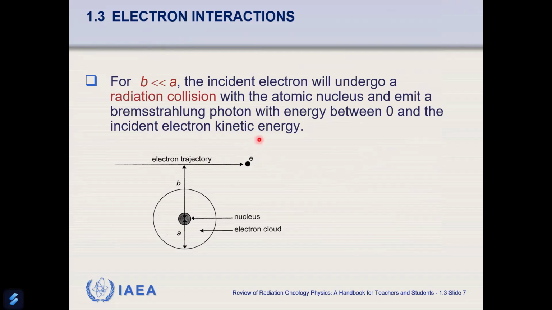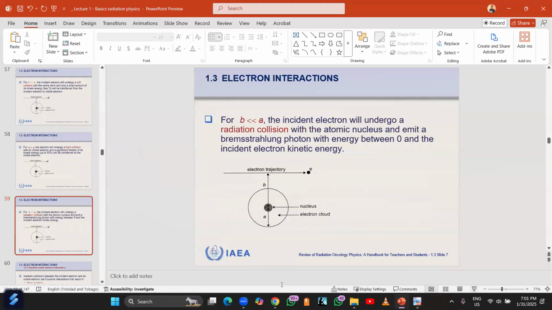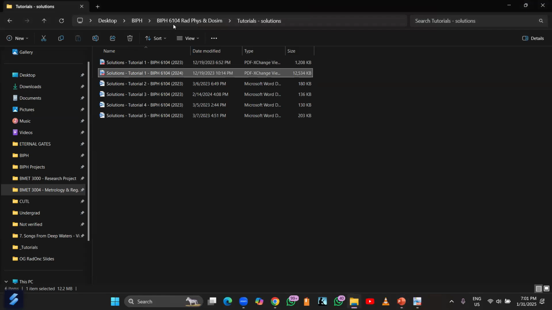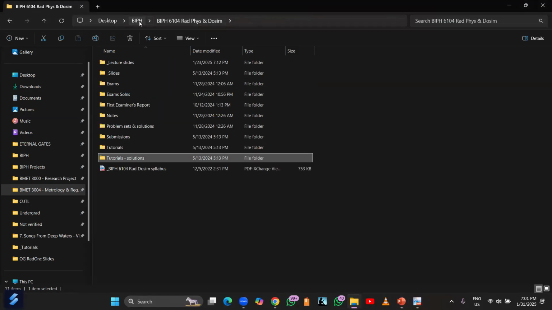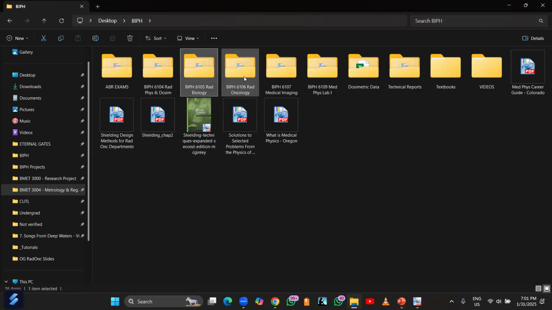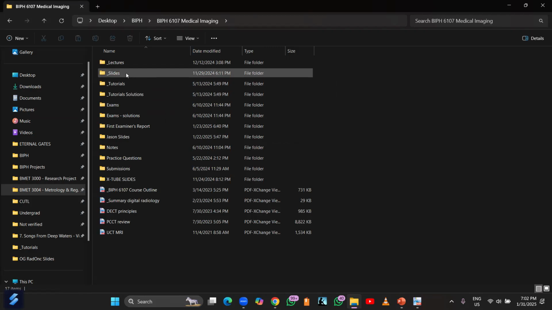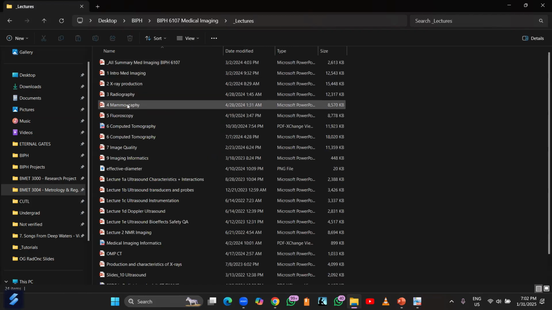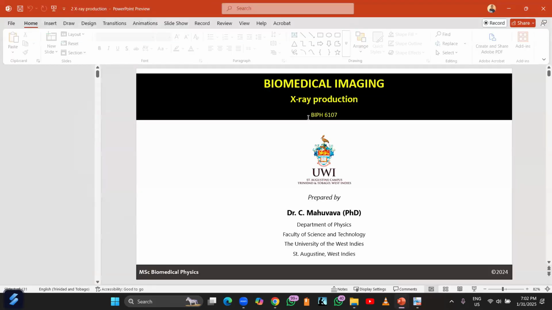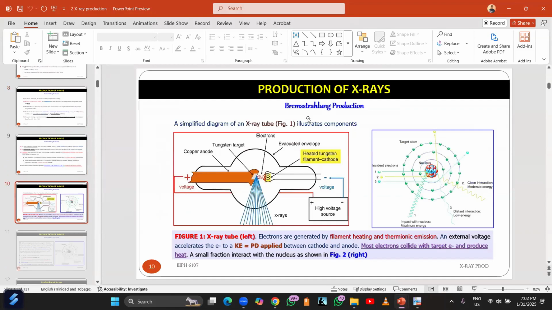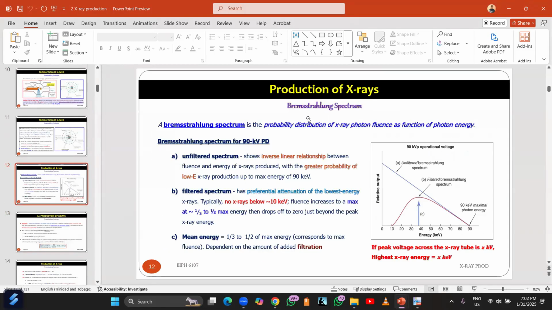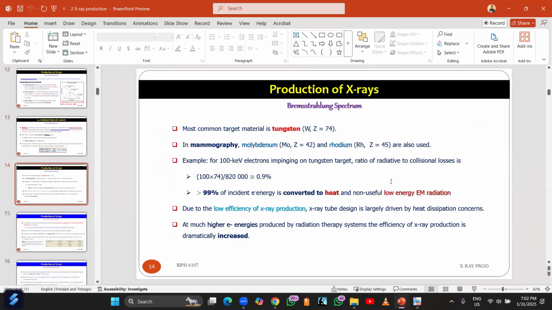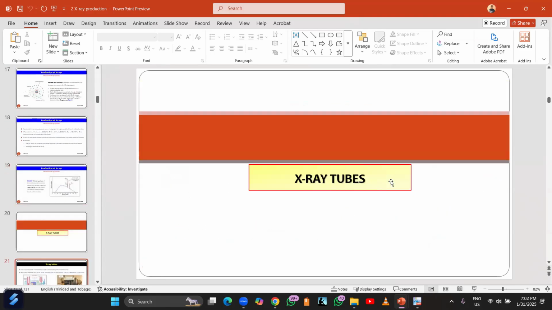I think I can show you a figure of what I'm trying to say. I believe it's here. I think I covered that in medical imaging, on X-ray production. So I don't know if I have another.